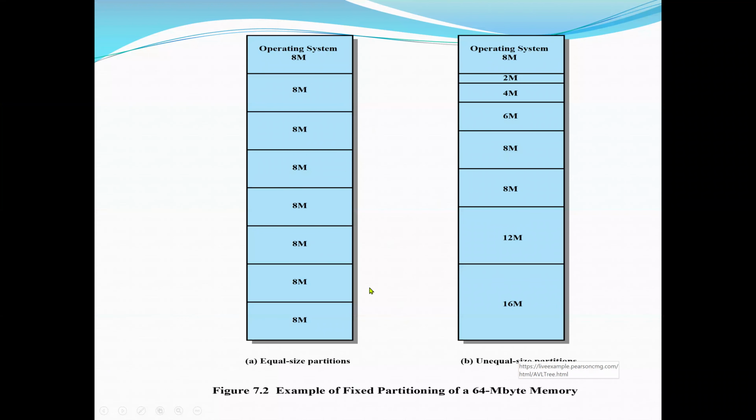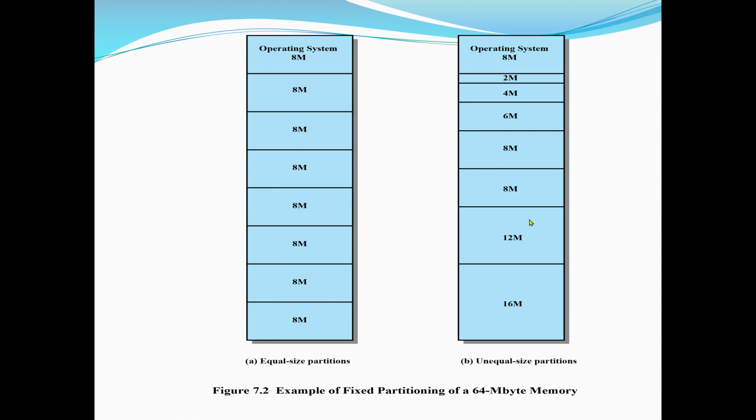In the example given here, we have equal size partitioning and also unequal size partitioning. This would be an example of a fixed partitioning for 64-byte memory.